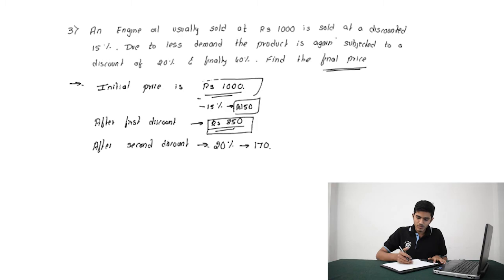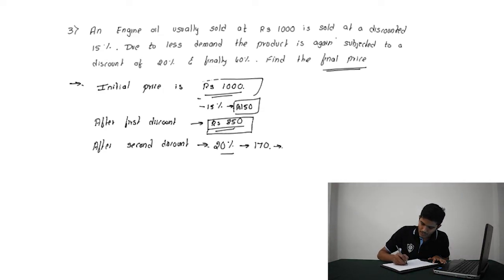Most of you will go wrong here. If you take 20% of 1000, you get 200, which is wrong. So now after second discount, you get a discount of 170 rupees on 850. So that is 680 finally. After third discount, which is given as 40%.